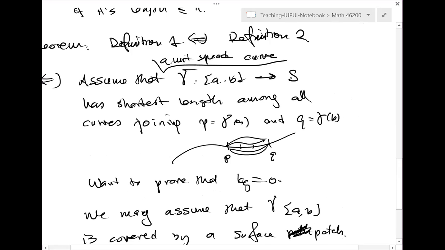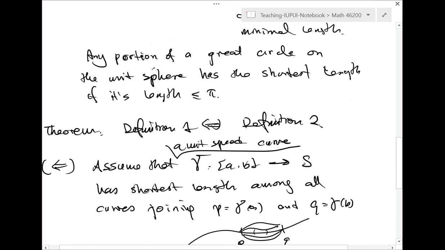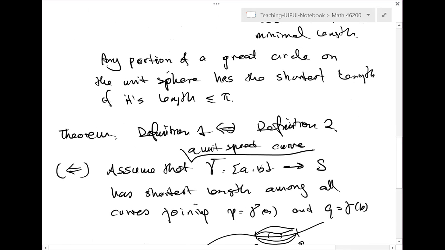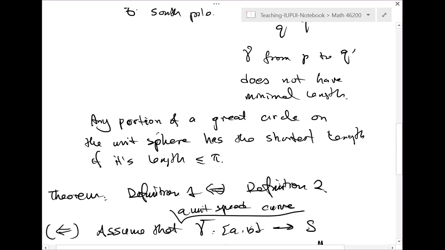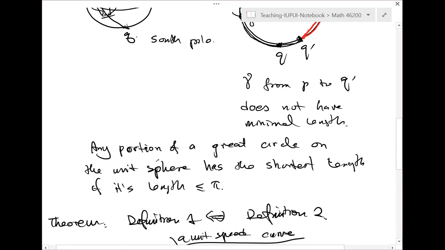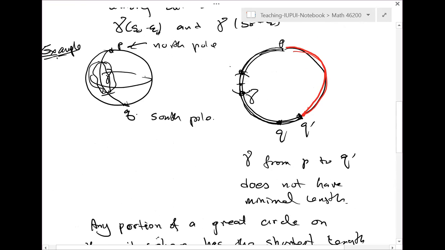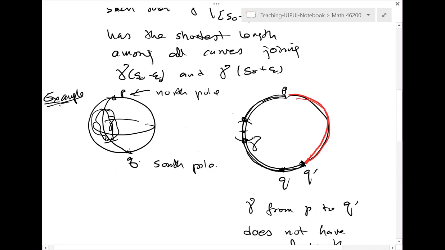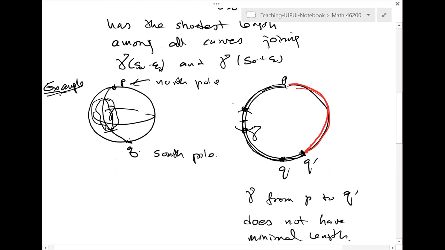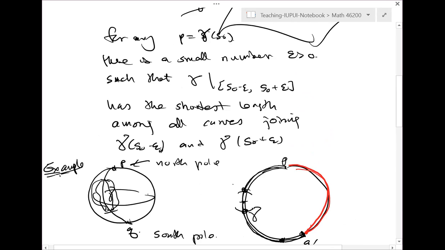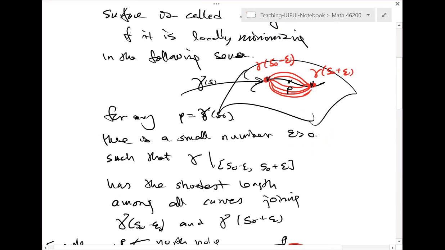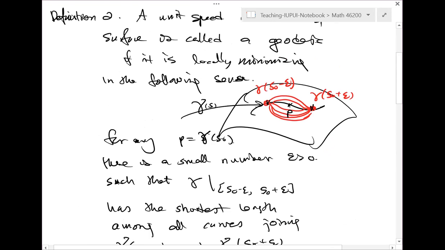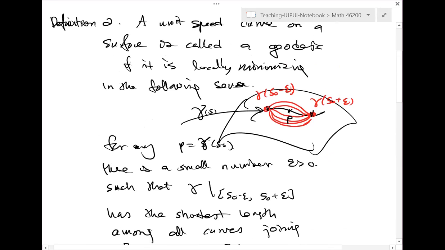So we're trying to prove these two definitions are equivalent. The first definition for geodesics: a unit speed curve is called a geodesic if its geodesic curvature is 0.